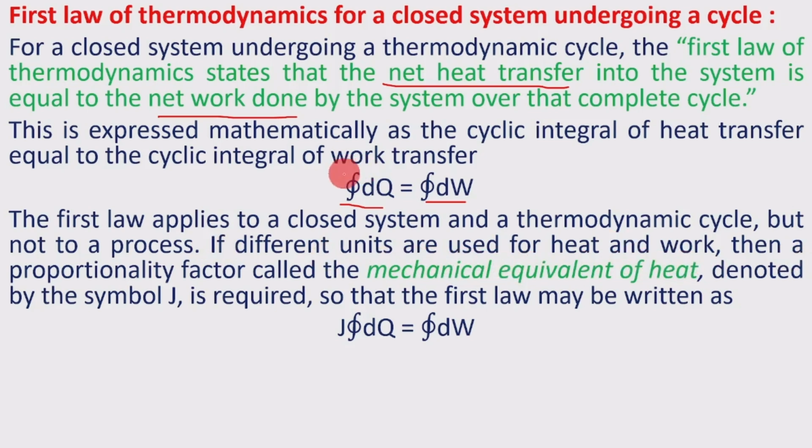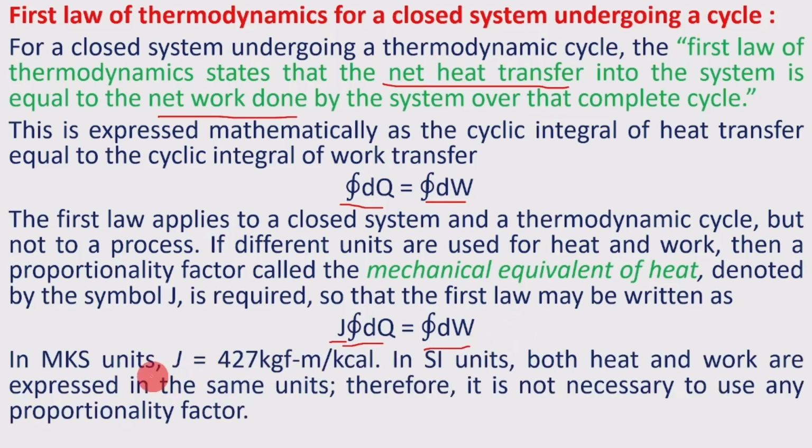Heat and work are to be in the same unit; then only can we take the cyclic integral of heat transfer equal to the cyclic integral of work transfer. If they are in different units, then a proportionality factor called the mechanical equivalent of heat, which we took in Joule's experiment as Joule's equivalent, denoted by the symbol J, is required. So the first law may be written as J, the mechanical equivalent of heat, multiplied by the cyclic integral of heat transfer, is equal to the cyclic integral of work transfer.